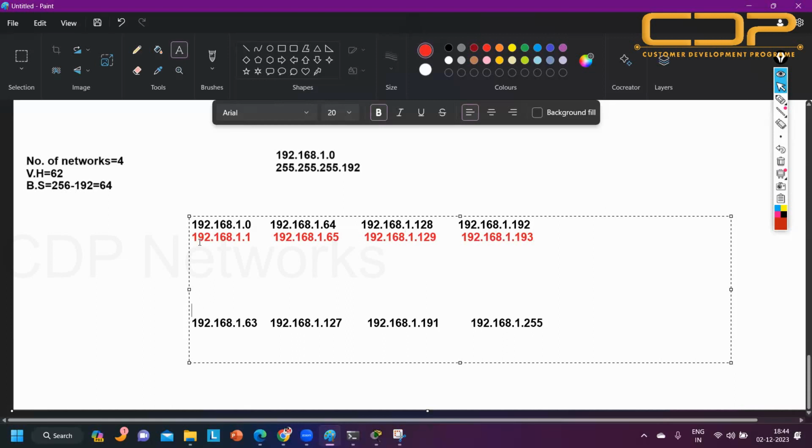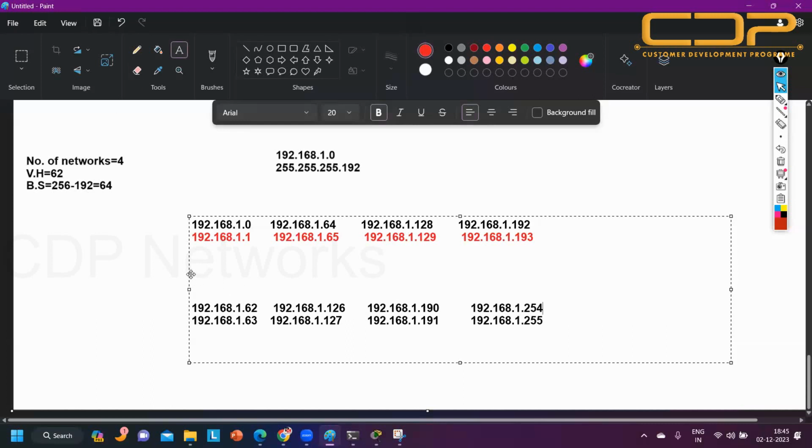The last valid IP addresses are 192.168.1.62, 192.168.1.126, 192.168.1.190, and 192.168.1.254.